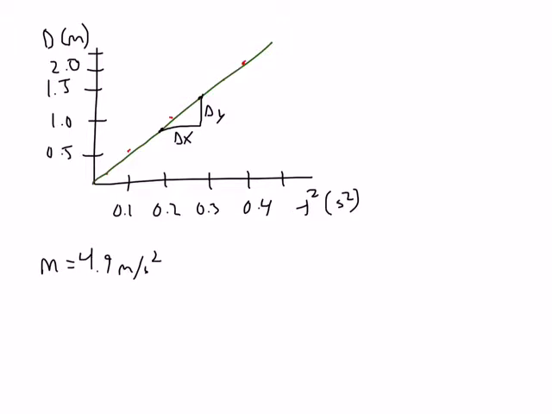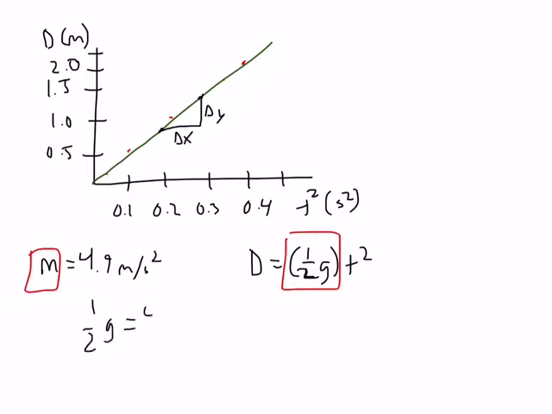But now we can go back to our equation where we have d equals 1/2 g t squared. But since we know what equation we plotted, we know there's a relationship between the slope and this 1/2 g, right? Those are the same thing in the equation. So we have 1/2 g is 4.9 meters per second squared, or g is, from that, 2 times 4.9, or about 9.8 meters per second squared.